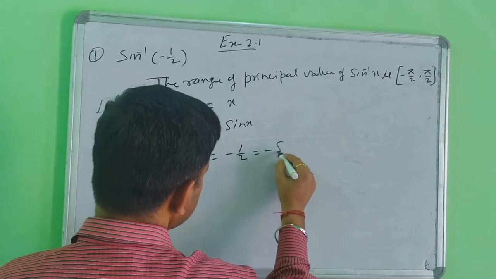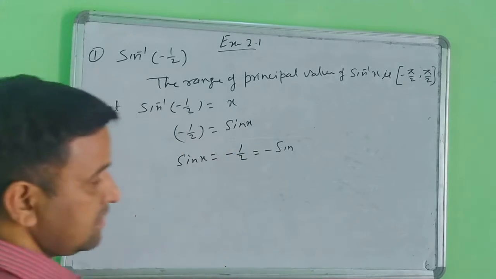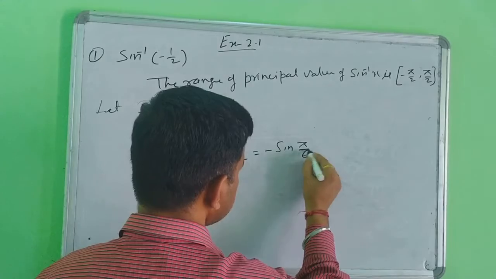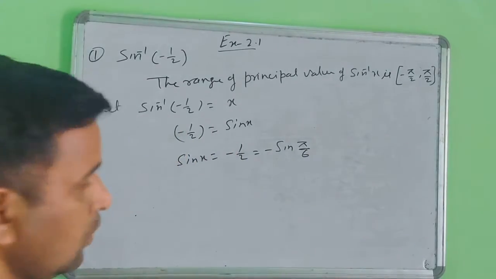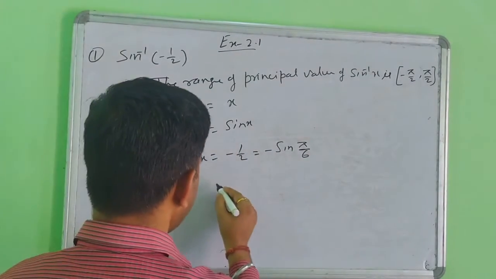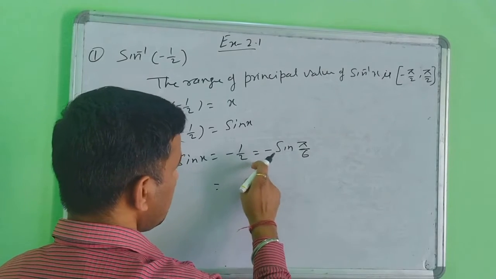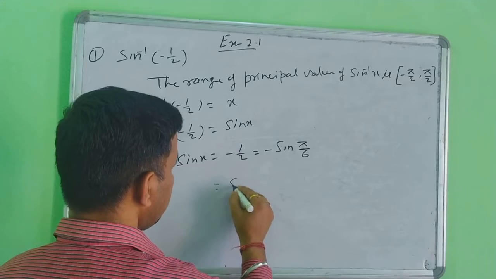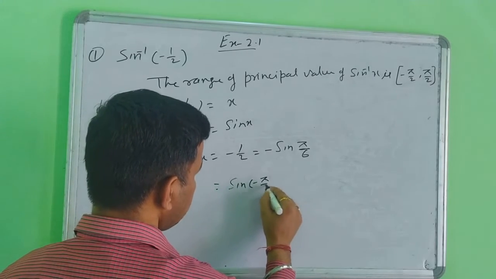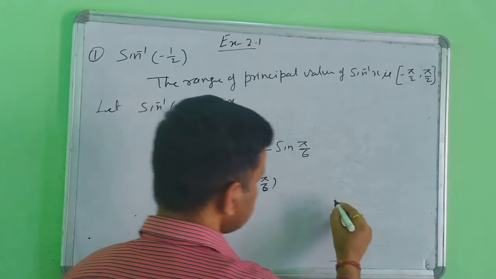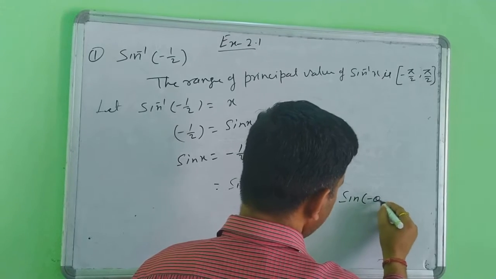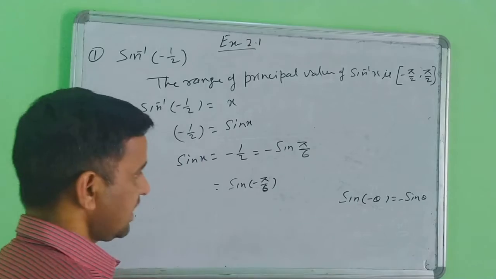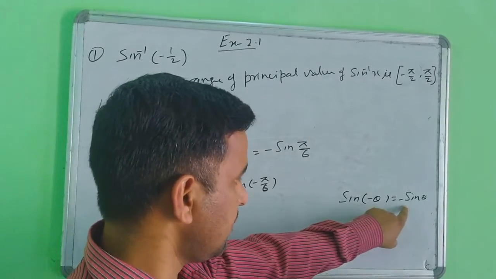The ordinary value of 1 by 2 is sin pi by 6, that is 30 degrees. So you can write sin of minus theta, then sin of minus pi by 6. When using the sign here, sin of minus theta equals minus sin theta, in the fourth quadrant.